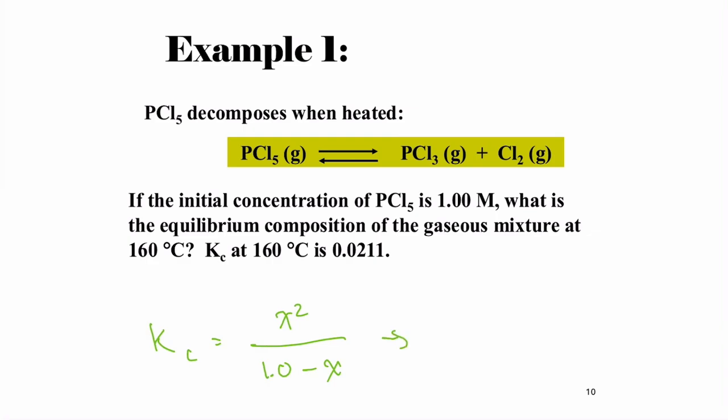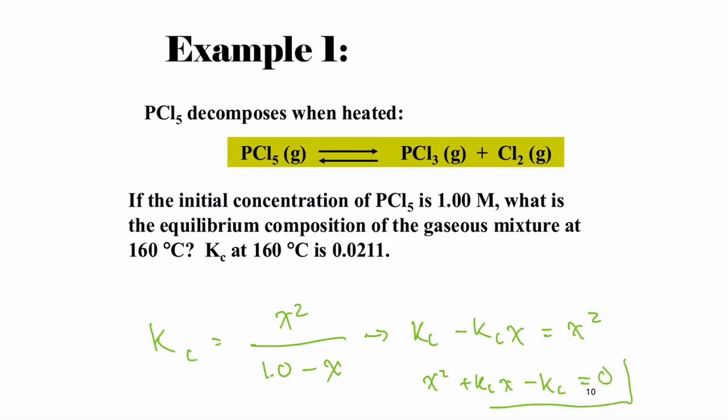And so I'm gonna do this all in one step since a lot of you guys have already worked through the algebra, and it looks like almost all of you are on the right track. So we have Kc minus Kc x is equal to x squared. We bring everything over to one side and we get x squared plus Kc x minus Kc is equal to 0, right?